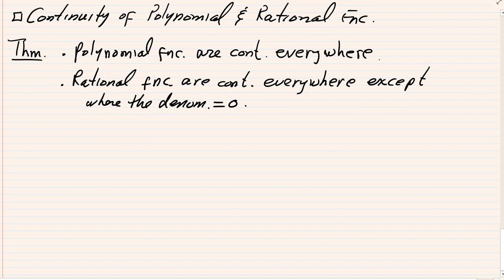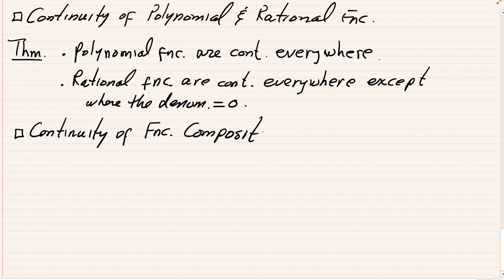Now, what about the function composition? So let's take a look at continuity of function composition. Now remember, our function composition is in the form of f of g of x, right?